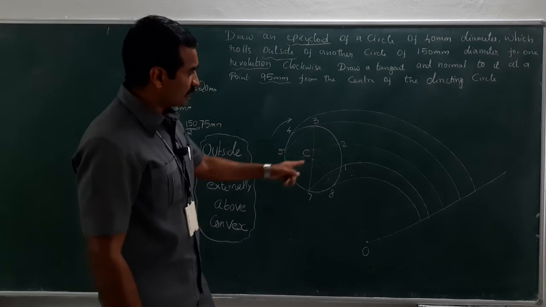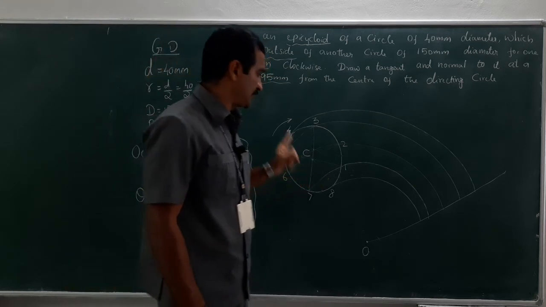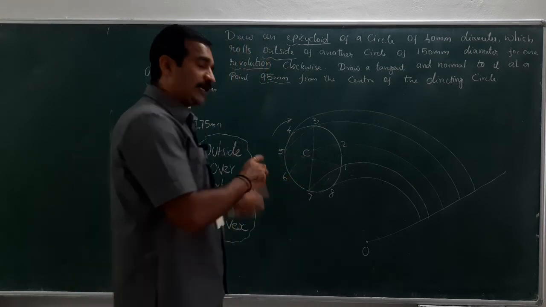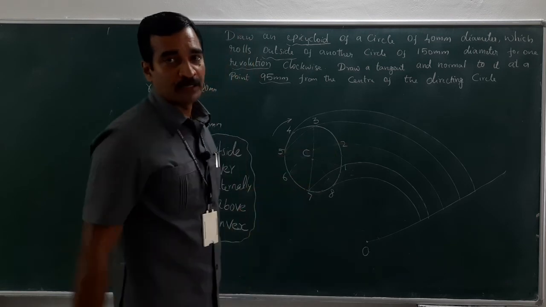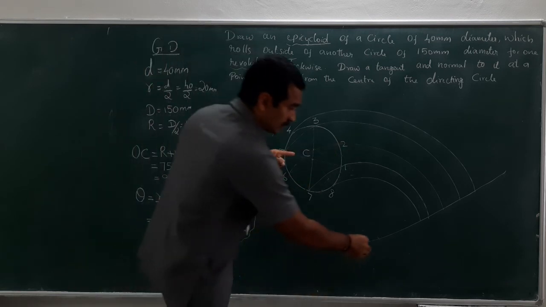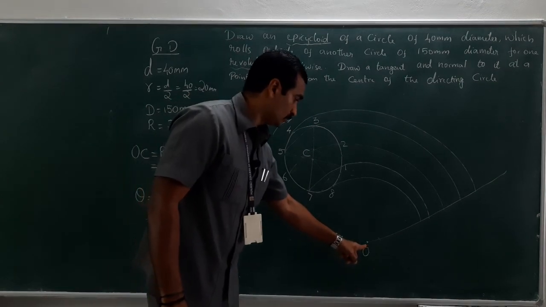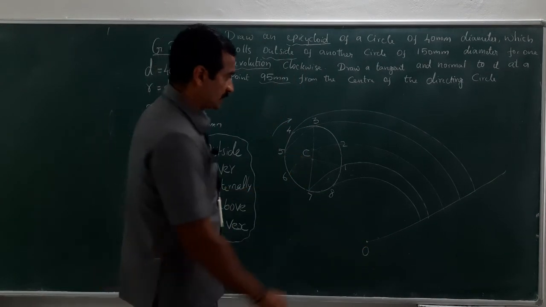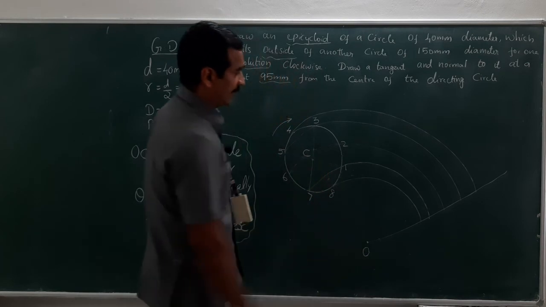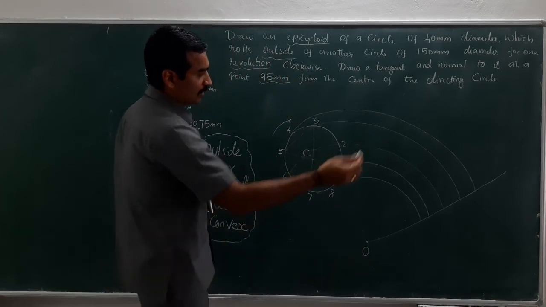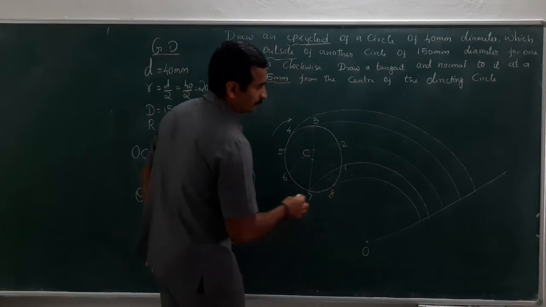Right. So what is the center of this rolling circle? C. Right. So I need to show the locus of the center. So for which, let me take OC as radius. OC as radius. Now let me just draw a circle.